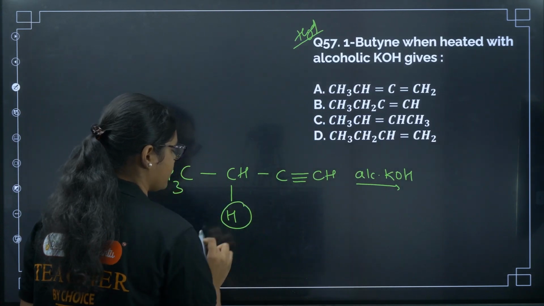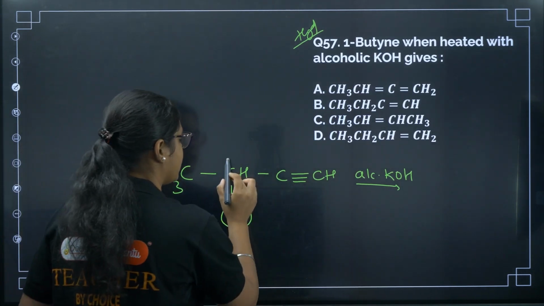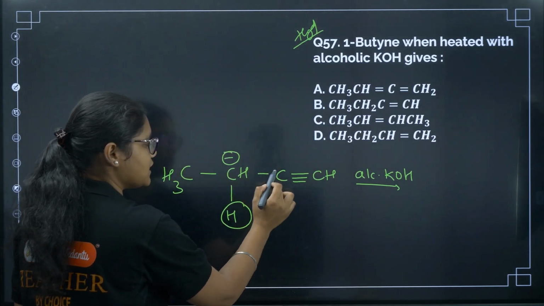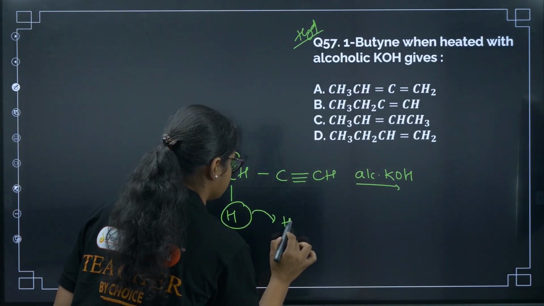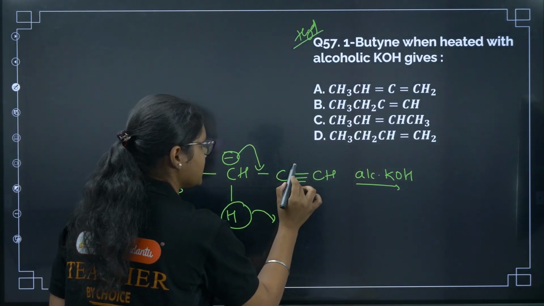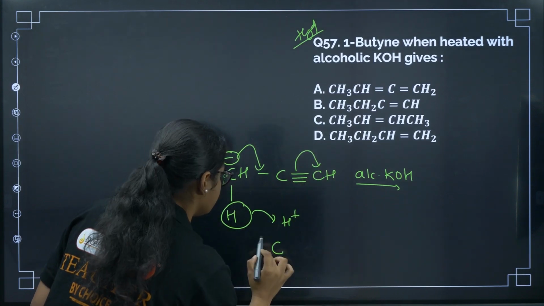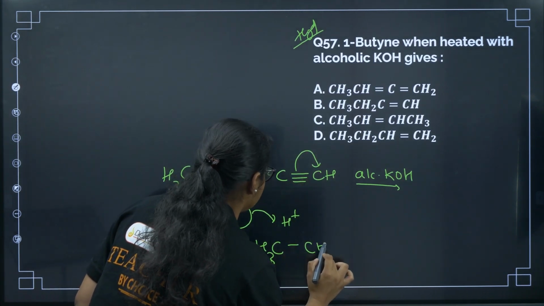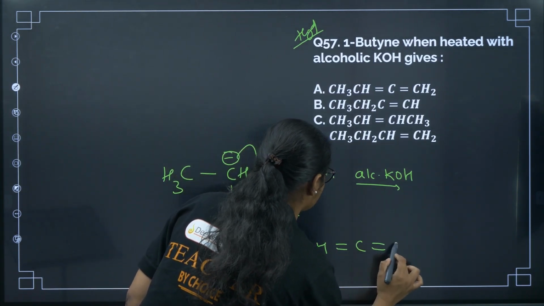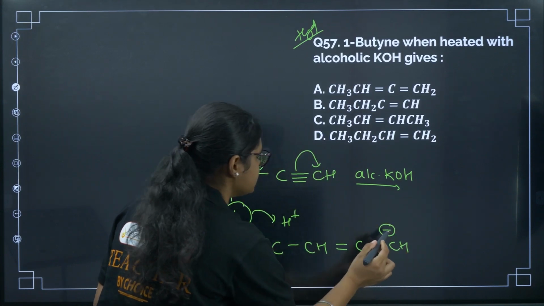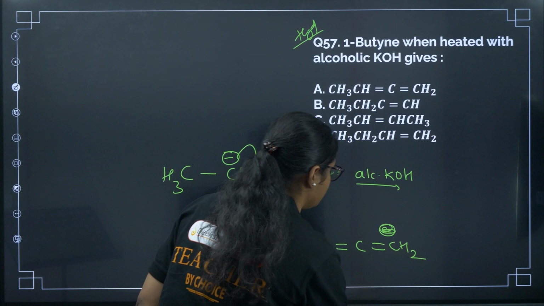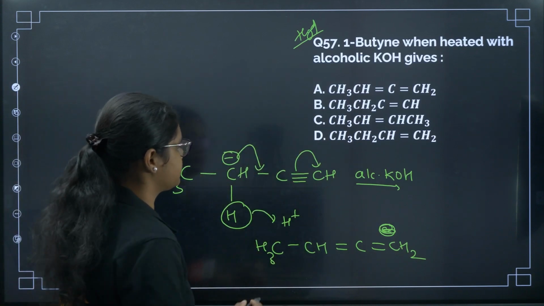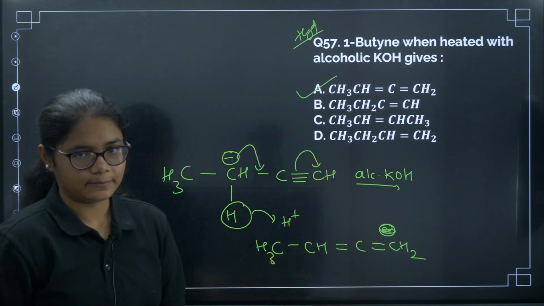This H, if it is removed, we'll get a negative charge here. This negative charge undergoes resonance and is stabilized. So this comes out as H plus. Now this bond shifts here and this bond shifts here. So I will get CH3, CH double bond, C double bond CH minus. This CH minus accepts this H plus proton and forms CH2. So the correct answer for this question will be option number A.